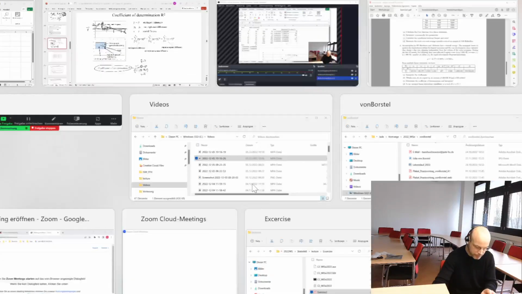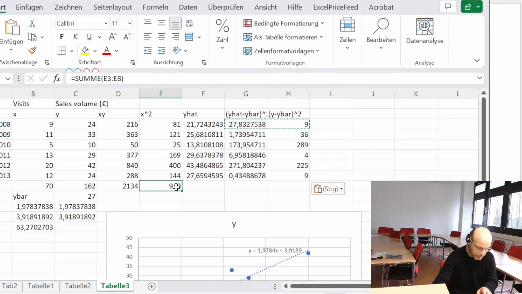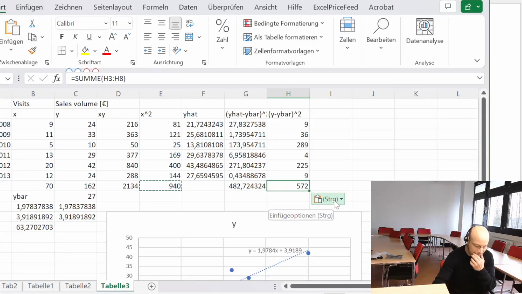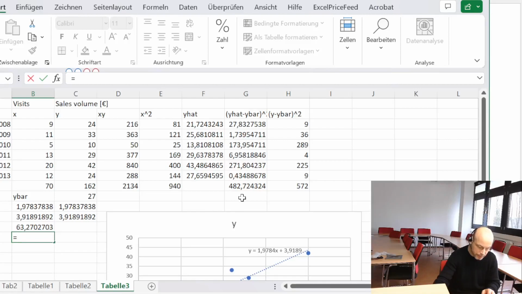And as we see here, we need the sums. So here we have already the sum. So sum and sum. And then we obtain our R squared equals the sum of the theoretical distances to average divided by total distances.